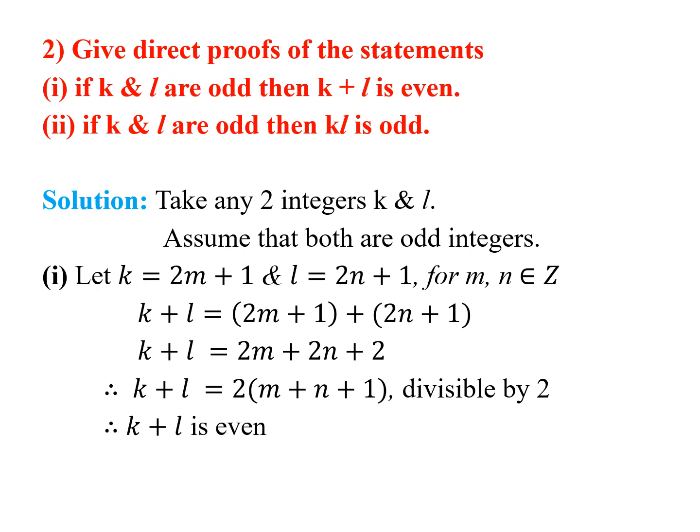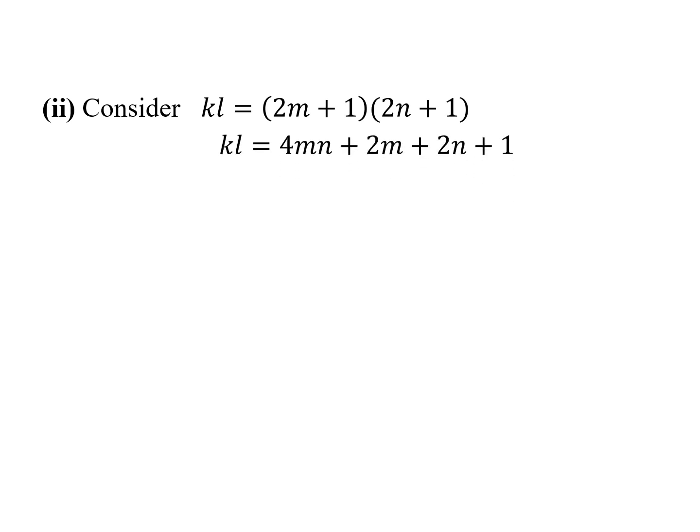Let us move to the second statement. Consider K into L equal to 2m plus 1 into 2n plus 1. When you open the bracket, it becomes 4mn plus 2m plus 2n plus 1. Now, among the first three terms, take 2 common.